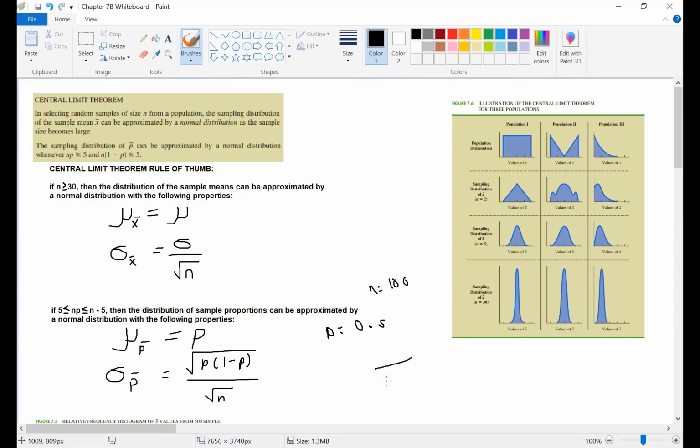Then our standard deviation will be the square root of 0.5 times 1 minus 0.5, over the square root of 100. So that would be square root of 0.25, which I believe is 1/2. And so then we get the same 0.4% as before.